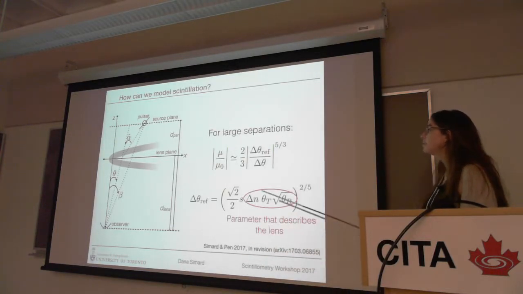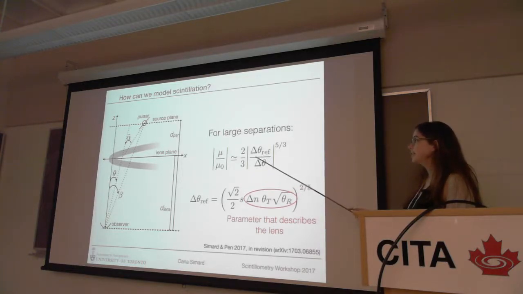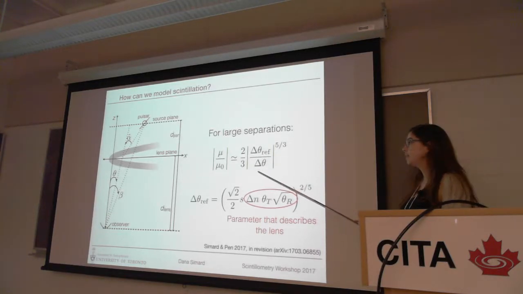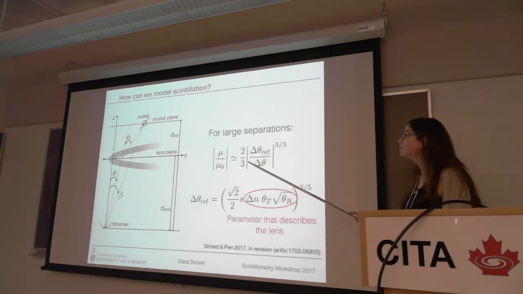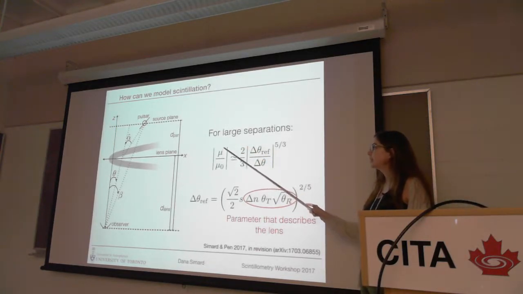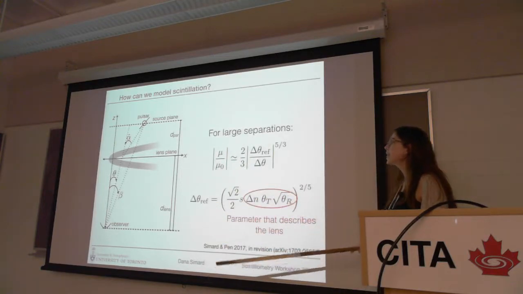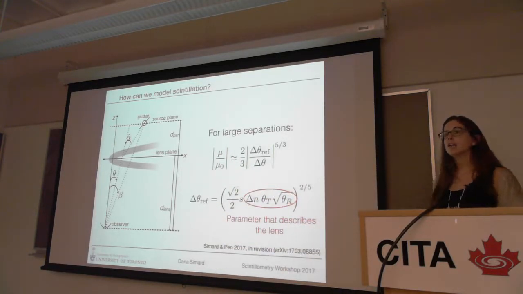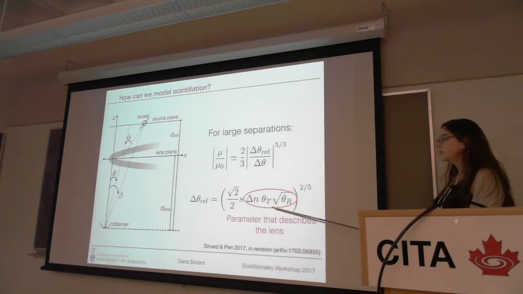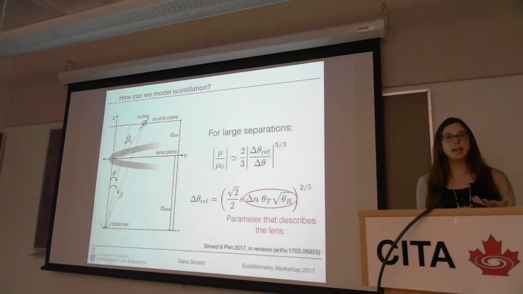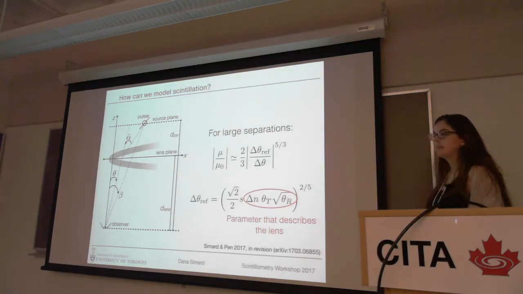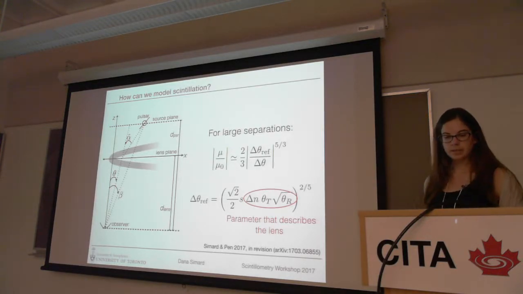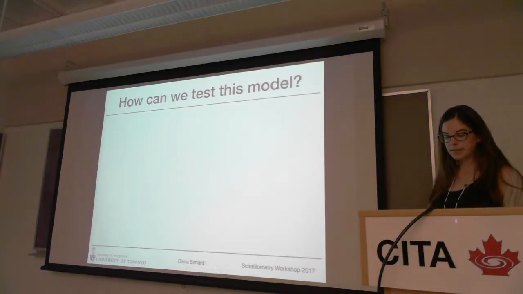So if we can measure the angular separation between the pulsar itself and this scattered image, and we can also measure the magnification of our scattered image, then we have all of the information that we need in order to figure out what this parameter would be if it is one of the crests from these sheets, and then we can make predictions from there. So how can we go about doing that?